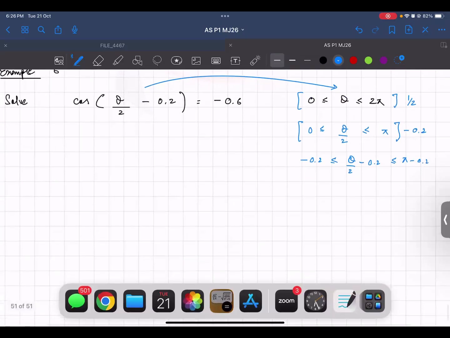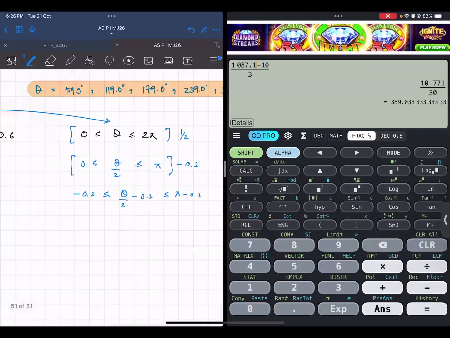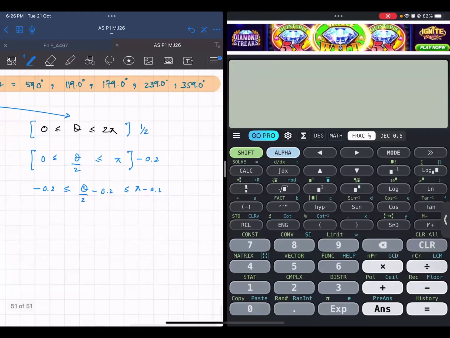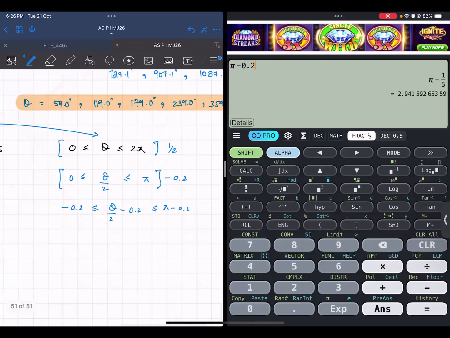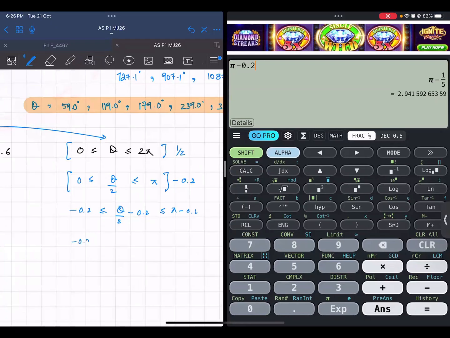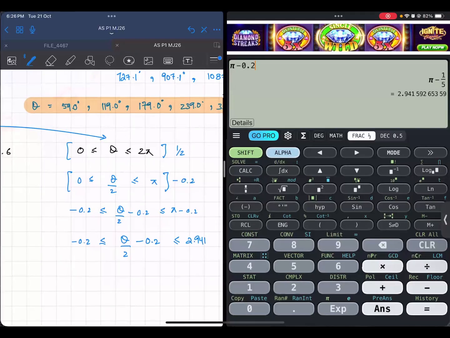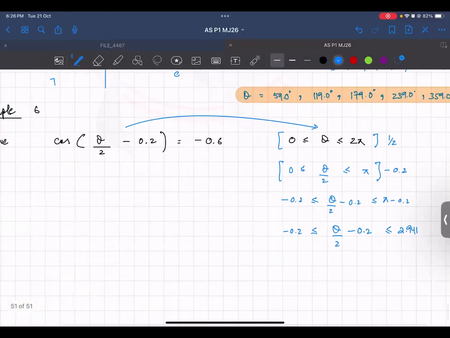Pi minus 0.2 is how much? It's always better to use the decimal value, because it's easier to interpret things. So from negative 0.2 till 2.941. This is the range of values of theta upon 2 minus 0.2 that we can find.